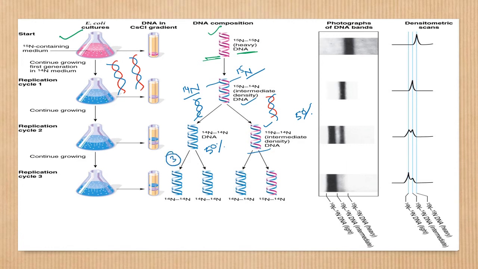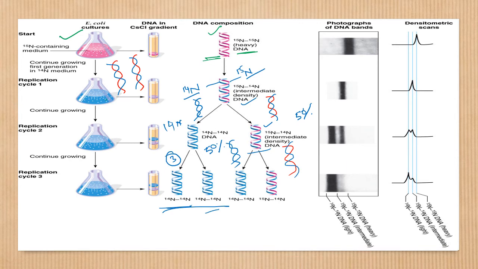Now, the same in the third generation. If we observe the third generation, there is no change here, because both strands have N14, and the medium is also N14. And here again it separates, one strand with light DNA and another strand with heavy DNA. Then again it produces one completely normal and another hybrid.